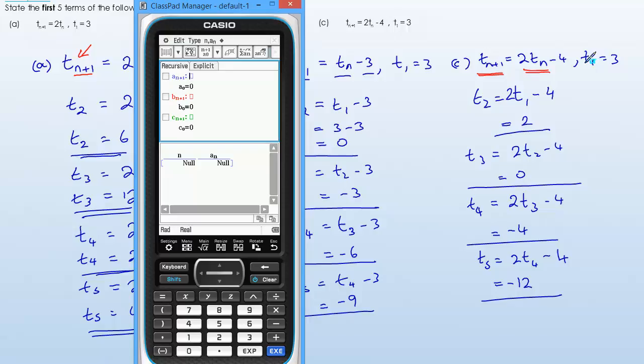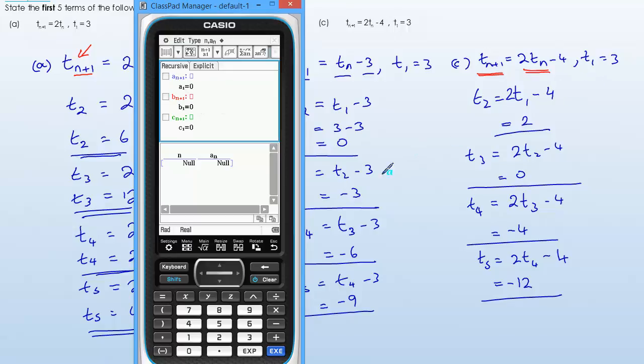Now notice we were given the first term was 3. On screen at the moment I've got an A0 here. That's not what I want, so I go to type and I want n plus 1 related to A1. So that's the second one just there. So that's the one we want. And then it's A1 here.